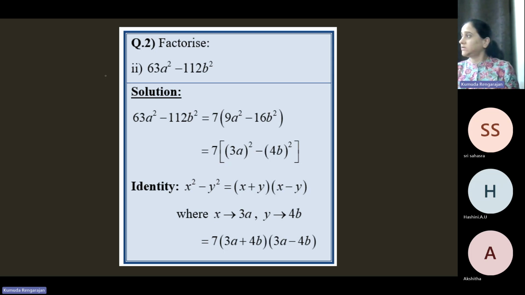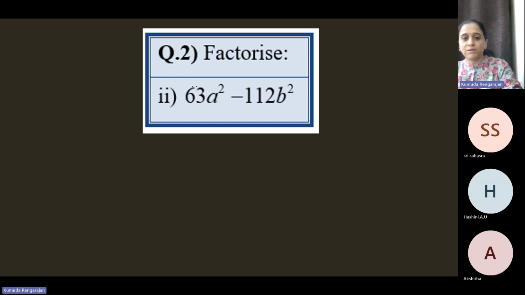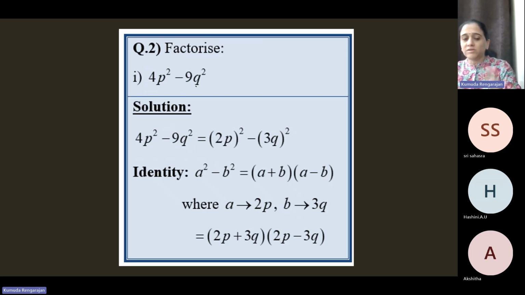So what's the difference between the first one and the second one? Here the two terms have a common factor. You need to first take out the common factor and then apply the identity. In the first one, we straight away applied the identity because there was nothing common between 4p squared and 9q squared. The HCF of 4 and 9 is 1, and p squared, q squared have nothing common.